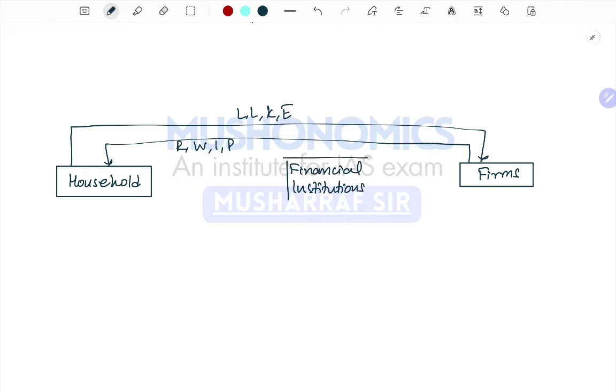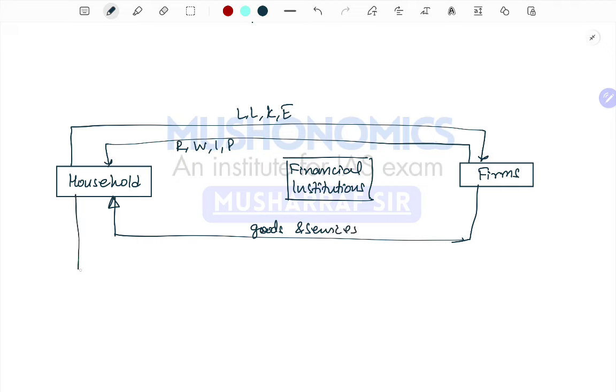But a bank alone is not the only financial institution in the economy. From firms, goods and services will come to households, and from households there is expenditure on consumption.